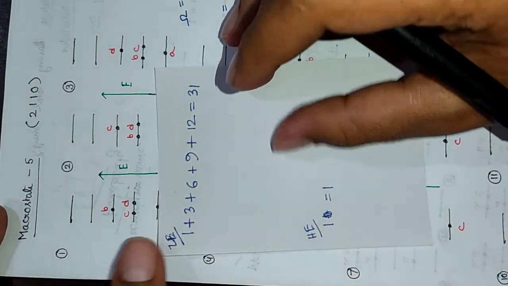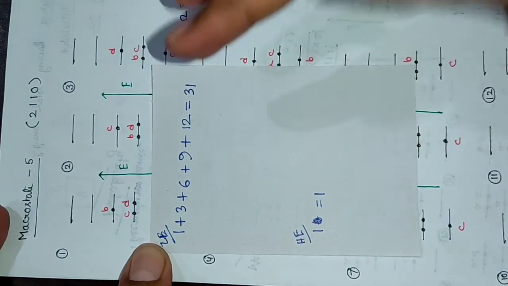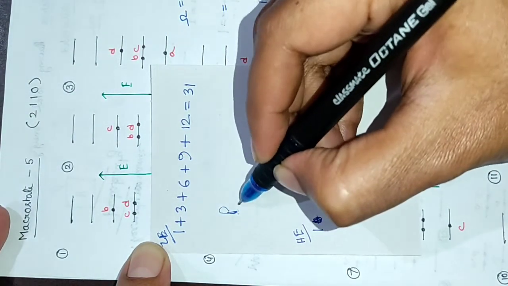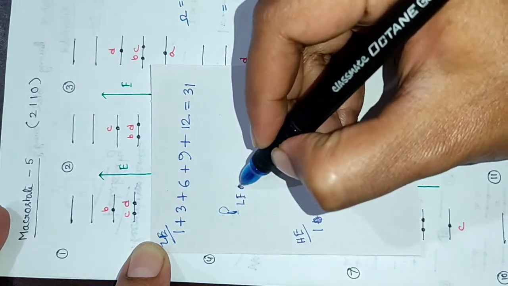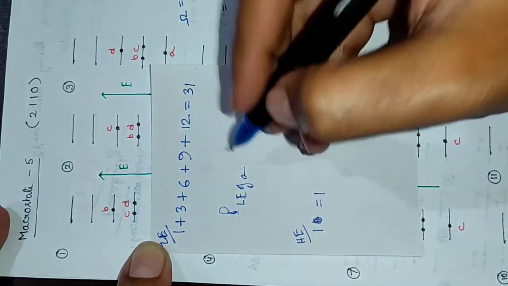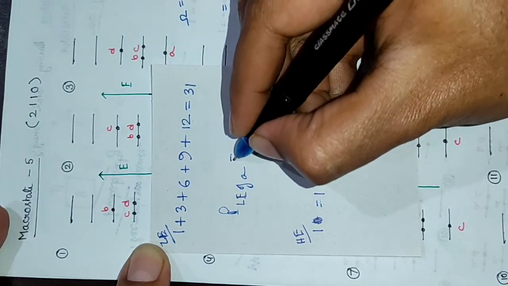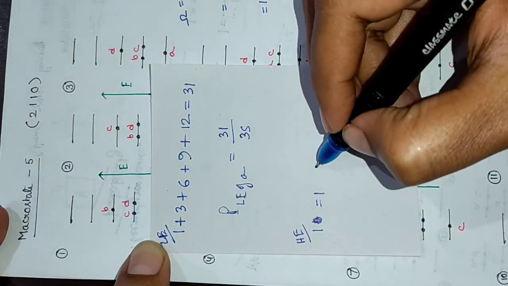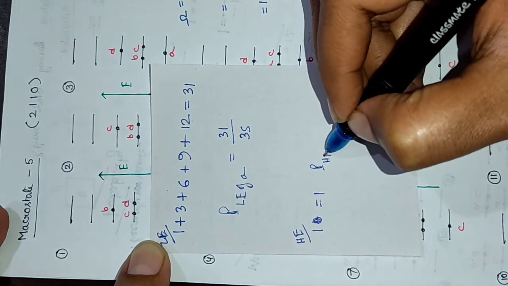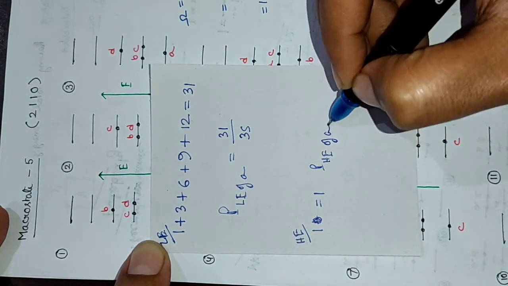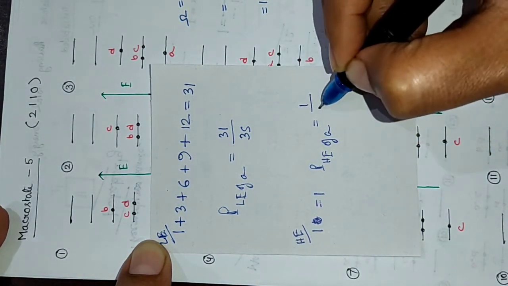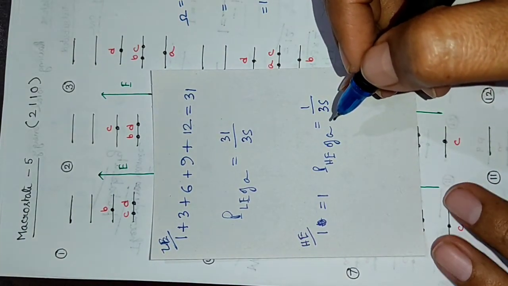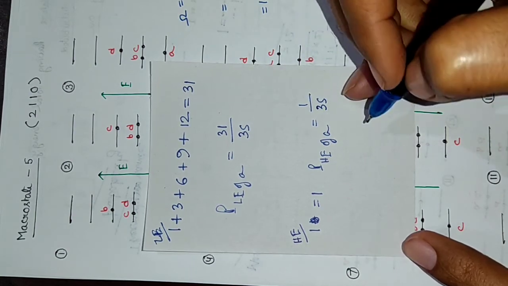Now what is the probability of this low energy for A? So probability for low energy of A in the composite system is 31 by 35. The probability for higher energy of A in the composite system is 1 by 35. And the probability of having similar energy is 3 by 35.